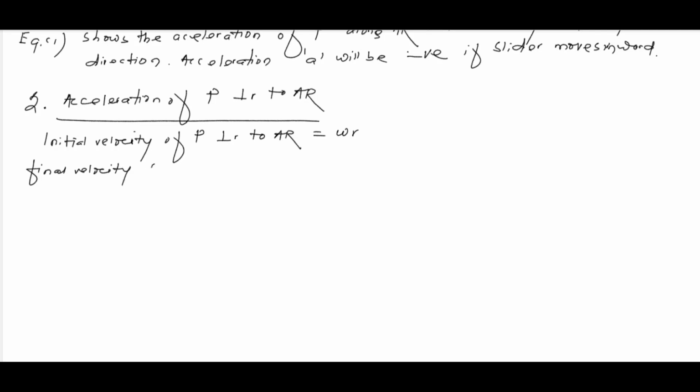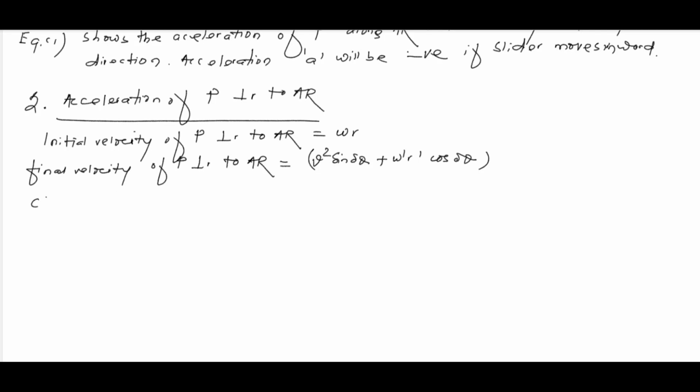Final velocity of P perpendicular to AR is v dash sin del theta plus omega dash r dash cos del theta. If you resolve perpendicular to AR, you will find this total component.